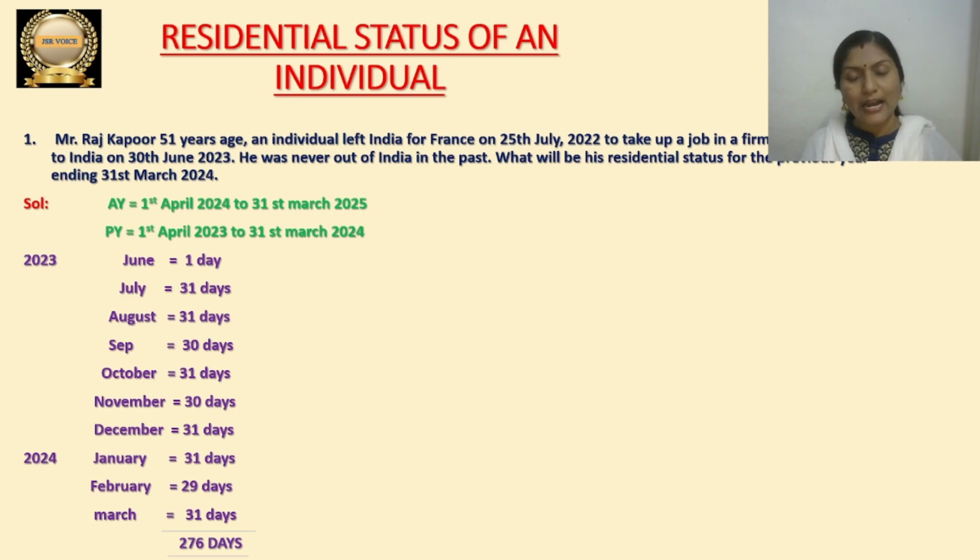Next is December, which has 31 days, and he stayed all 31 days in India. After December 2023, next month is January 2024, and in January also he stayed in India for 31 days.